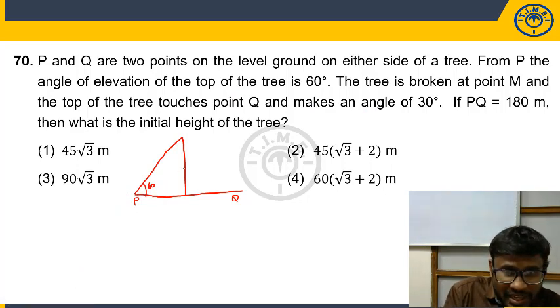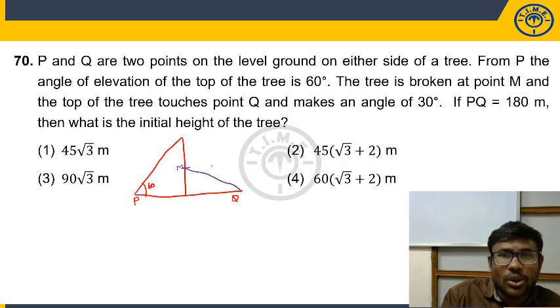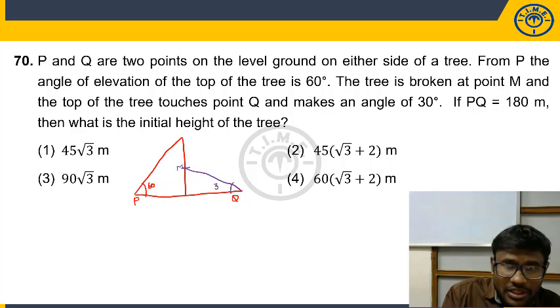So what is happening? It is breaking at point M and it is touching the point Q and making an angle of 30 degrees. Now let us assume this point as some N. Now see here, if you consider M and Q, what is sine 30?